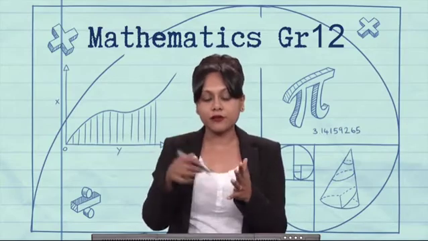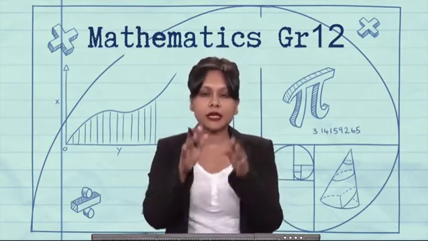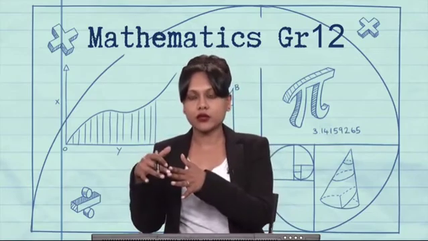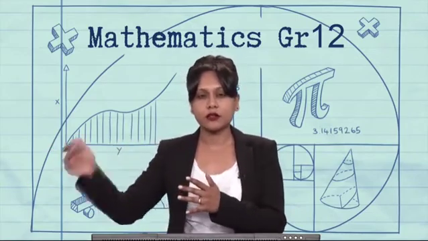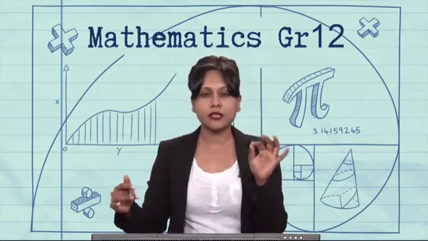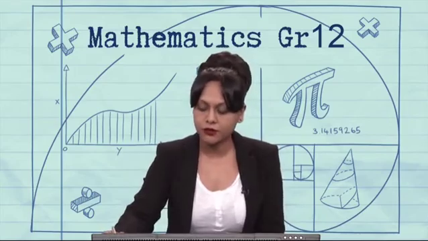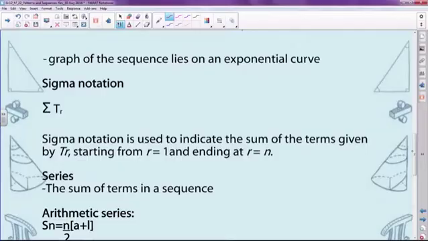If we're talking about a geometric series, you'll have a plus ar plus ar squared, and so on. So in a series you are adding those terms together, while a sequence is just an ordered list of numbers. Okay, so that's the difference. If we graph the geometric sequence, all the points will lie on an exponential curve. All right.